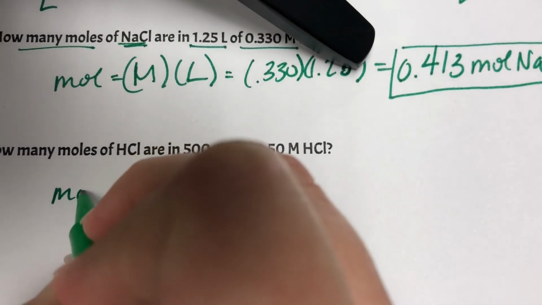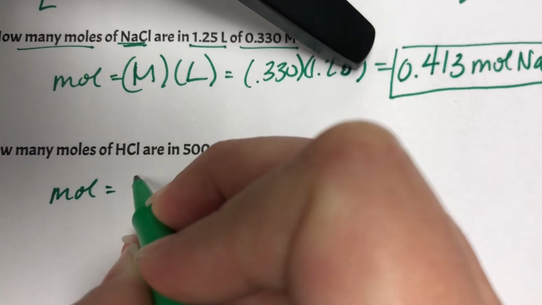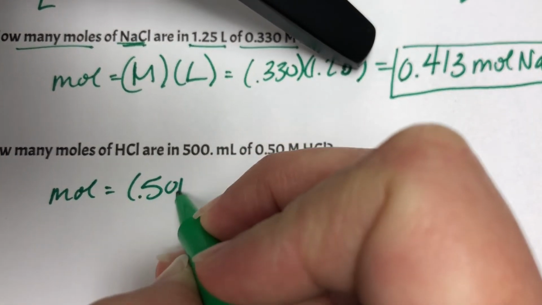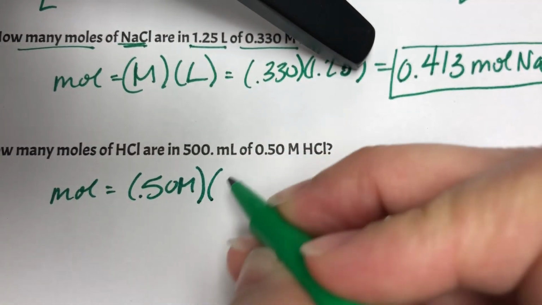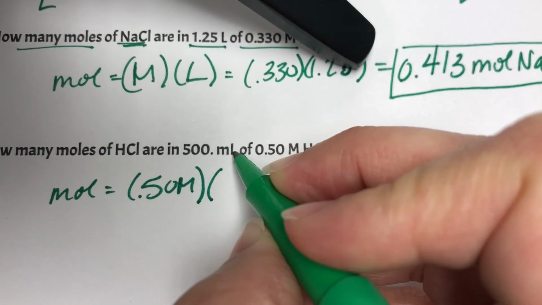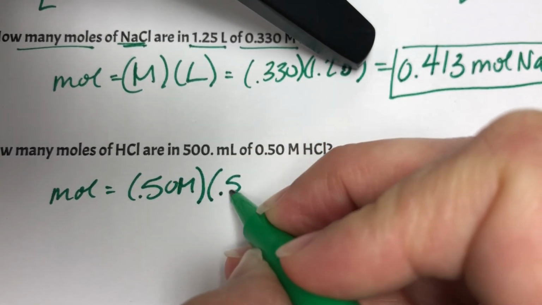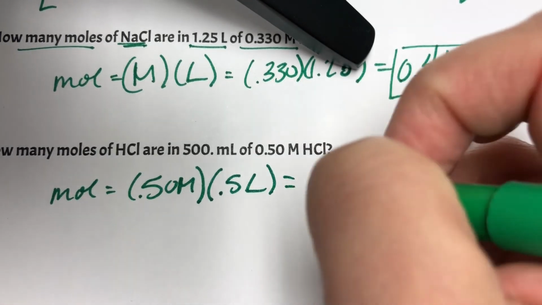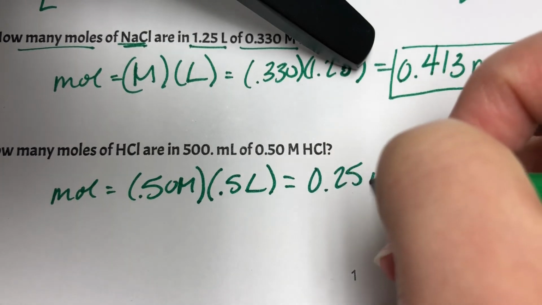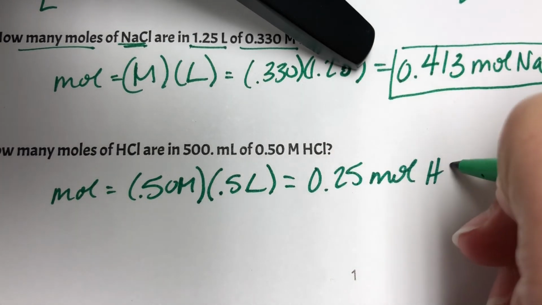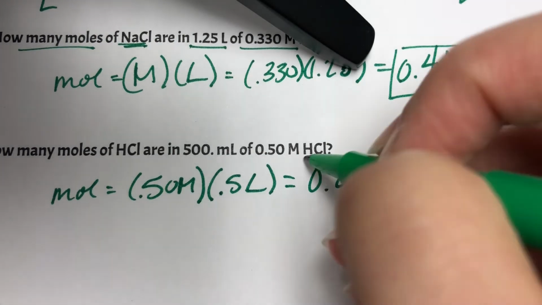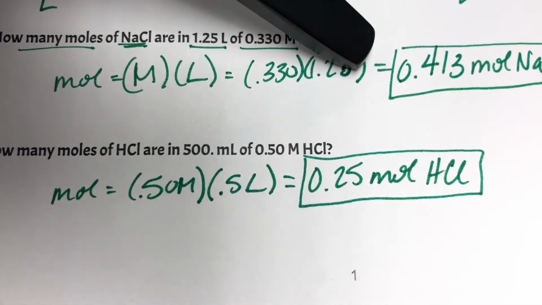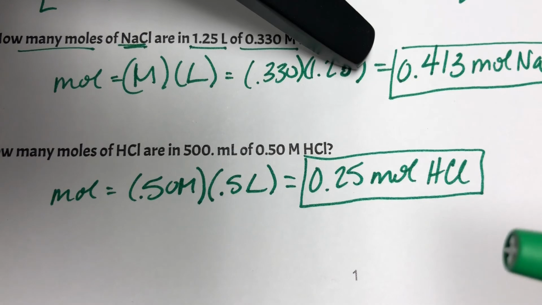My number of moles is going to equal my molarity, 0.5 molar, times my volume, but I have to convert this to liters, which is 0.5 liters. 0.5 times 0.5 should give me 0.25 moles of HCl. Final answer. Okay, so these are not too terrible.